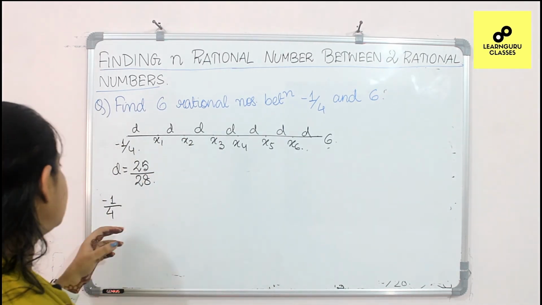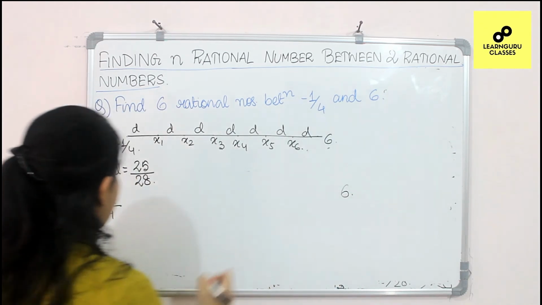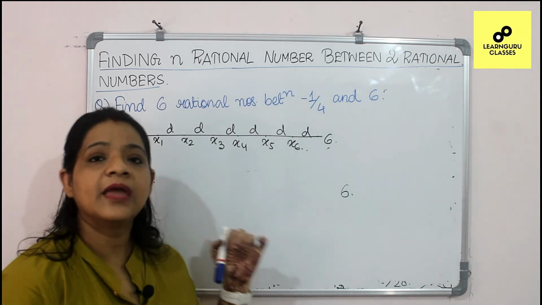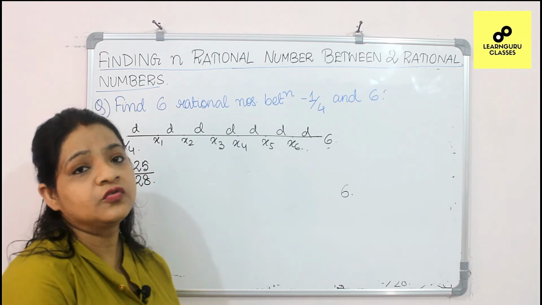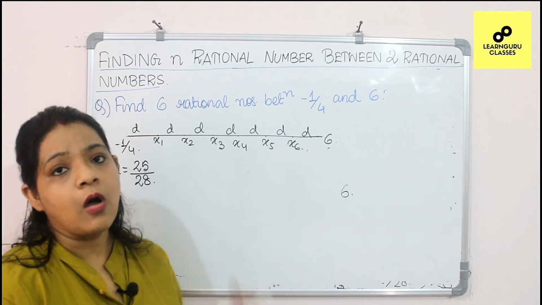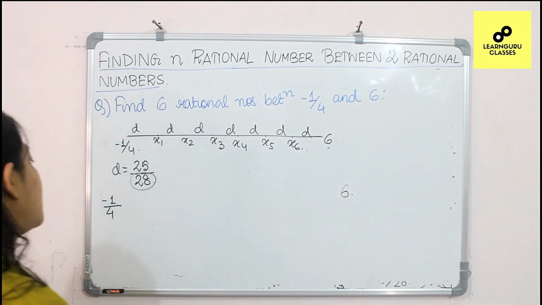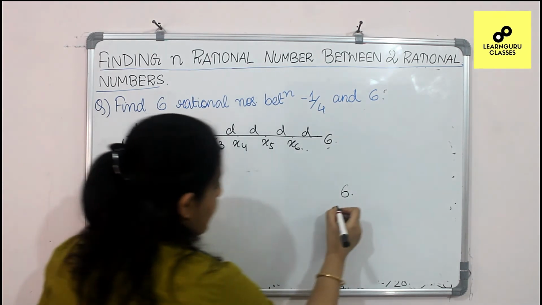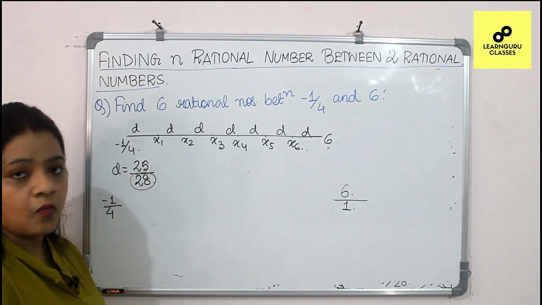The third method is, you have to write the two numbers, that is -1 by 4 and 6. Now somehow you have to make the denominator of both the numbers equal to the denominator of the common difference. So here the denominator is how much? 28. So you have to multiply with 28. So -1 by 4, and 6 we can write as 6 by 1.